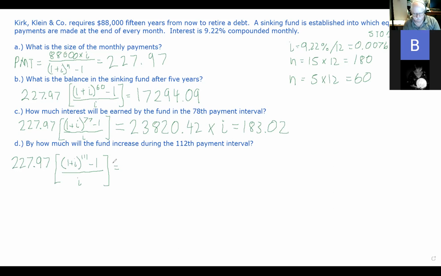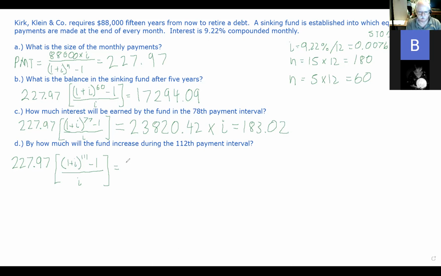So recall 1 plus 1 y to the x 111 minus 1 divided by recall 1 times 227.97.